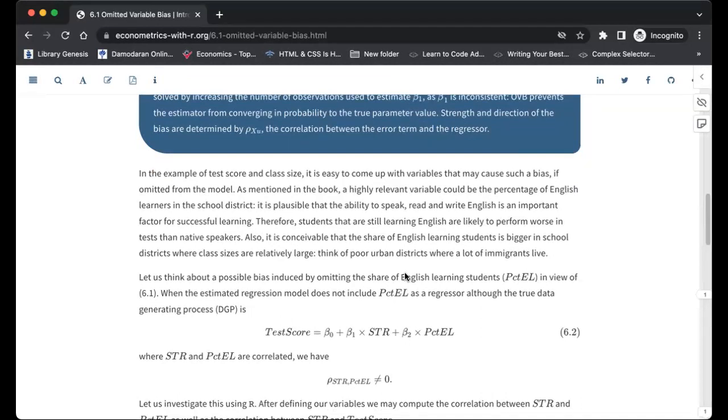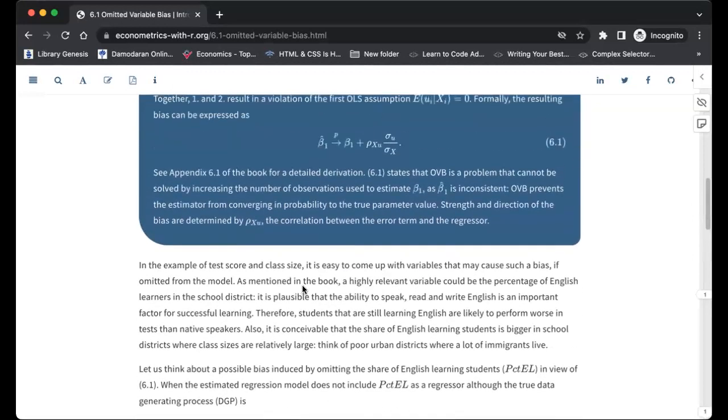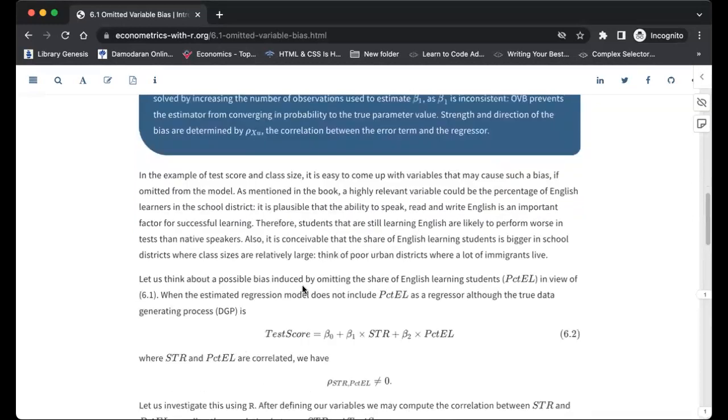Omitting that will lead to omitted variable bias, because the variable, percent of students learning English, is correlated with the student teacher ratio, and it also correlates with the dependent variable.